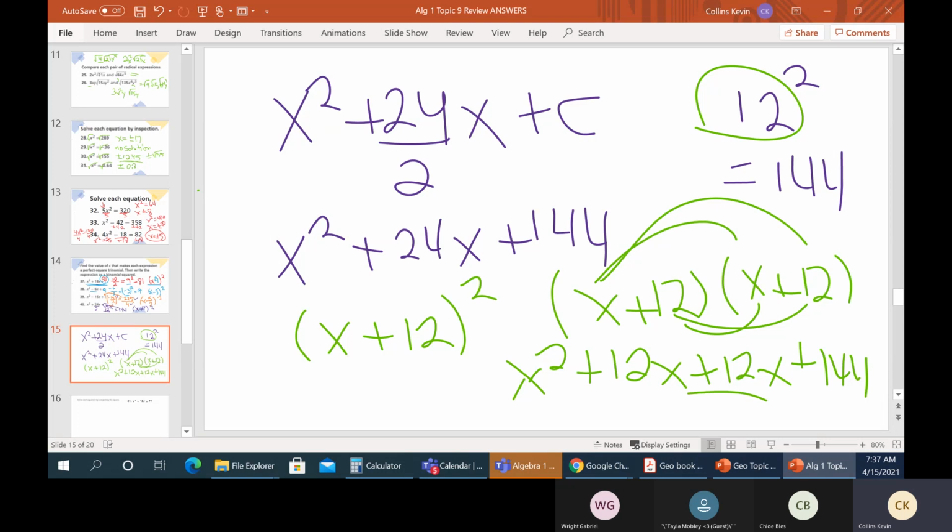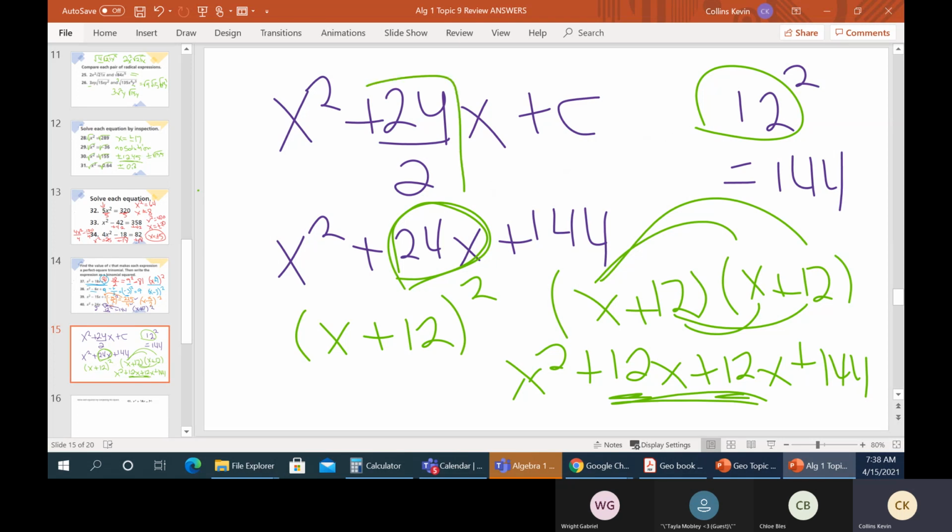Put these two guys together, 12 and 12 is 24. This is the reason we take this number here and divide by 2, because notice this 24 when we were multiplying was two 12s added together, right? So that's how we come up with the 12, was we took the 24, divided him by 2, and then got the 12.